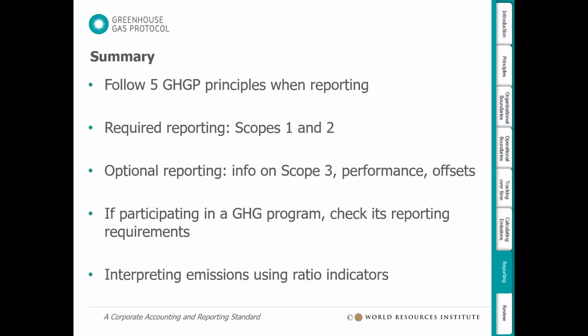But I think most importantly, companies should consider including information on their reduction strategies and on the general uncertainty of the emissions data. If the company is participating in a GHG reporting program, in addition to disclosing its emissions data voluntarily through its own website, then it's important, obviously, to check the reporting requirements of that program. And finally, metrics can be useful to help users interpret emissions performance.